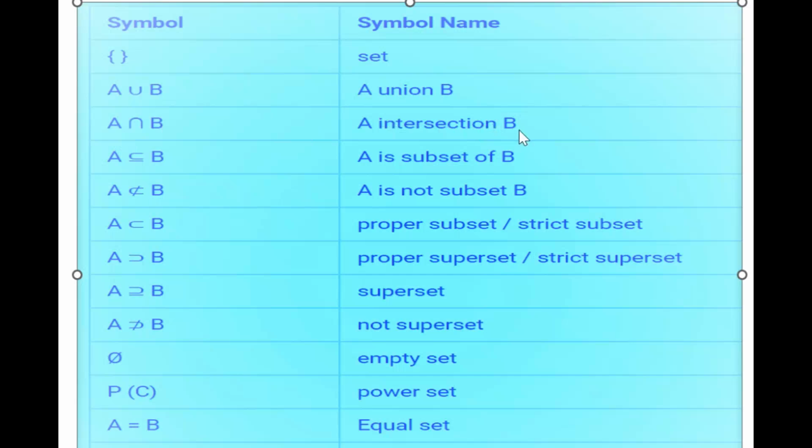A intersection B is what A and B have in common. That's the intersection. You represent it like this: subset, superset, power set, and empty set. They are all represented in this way.